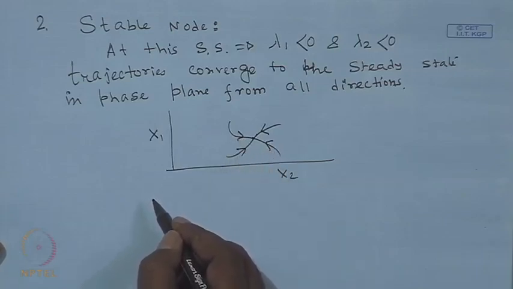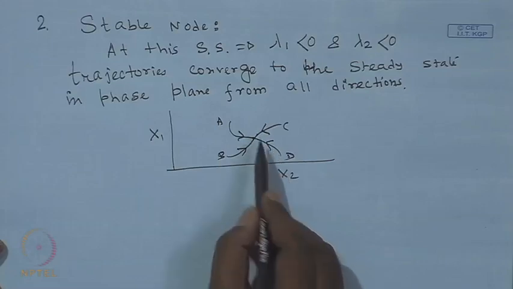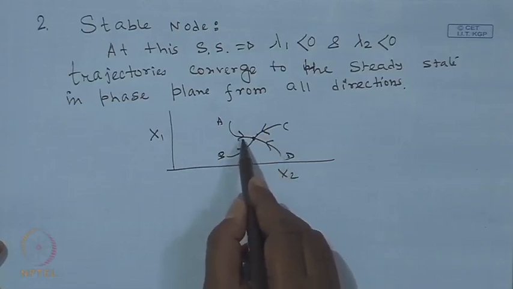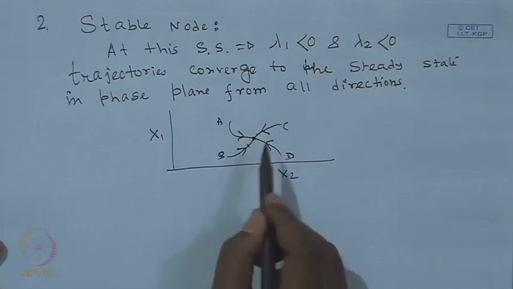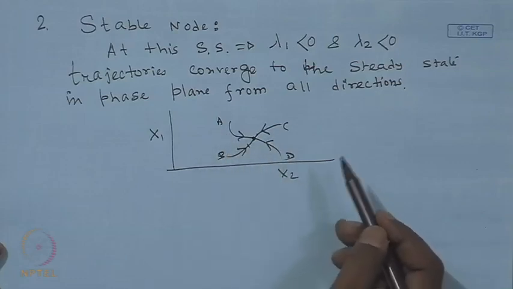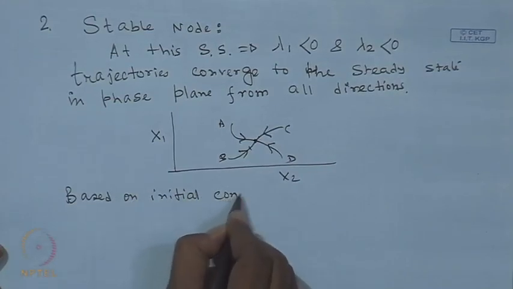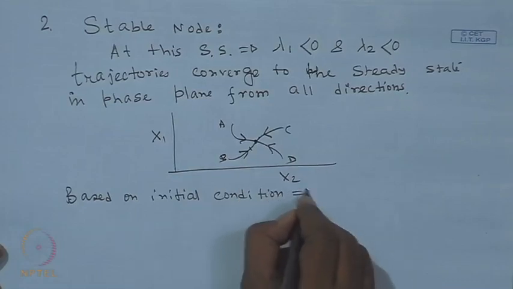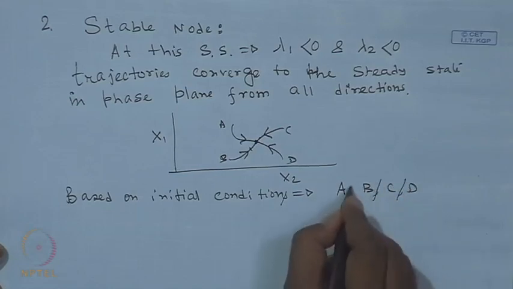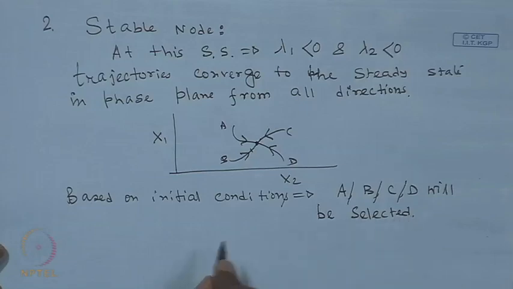Suppose you have a point around the steady state; it will follow one of the paths A, B, C or D. Based on the initial conditions, the path A, B, C or D will be selected. So, that is called a stable node.